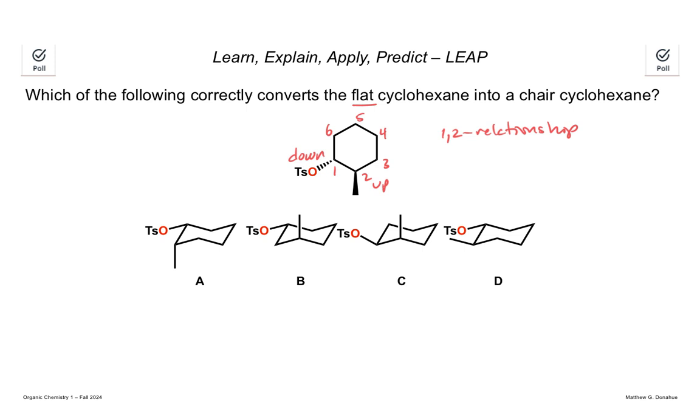So using the relationship, which one can you eliminate first? B. B has 1, 2, 3, so we can eliminate that one. And then using the up versus down relationship, which one can we eliminate?